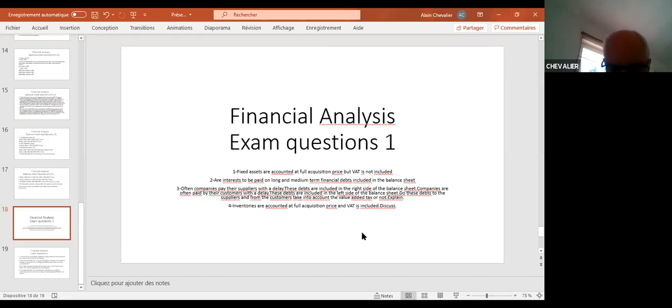So the cash amount you pay is 110, but in your accounting system, you just mention the value without VAT, so it will be 100. So all fixed assets, investments, if you like, in the accounting system are taken into account without VAT. There is no exception to this basic principle.